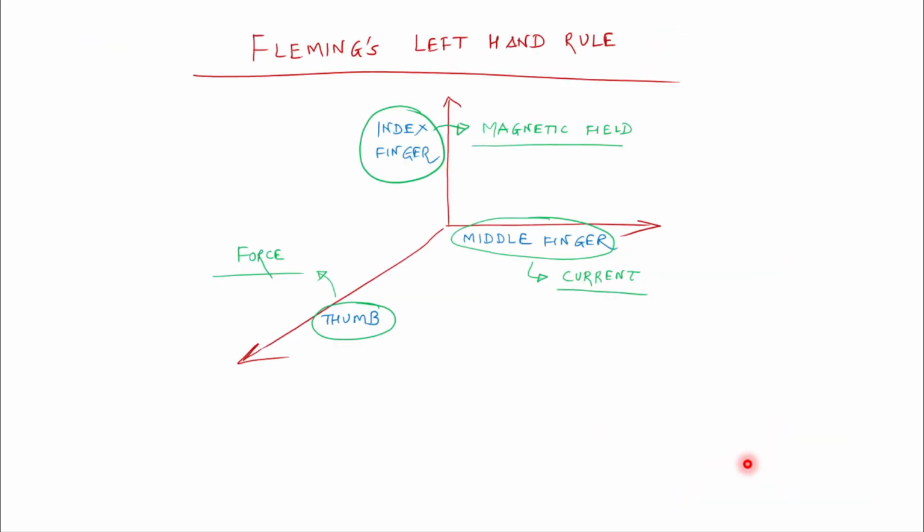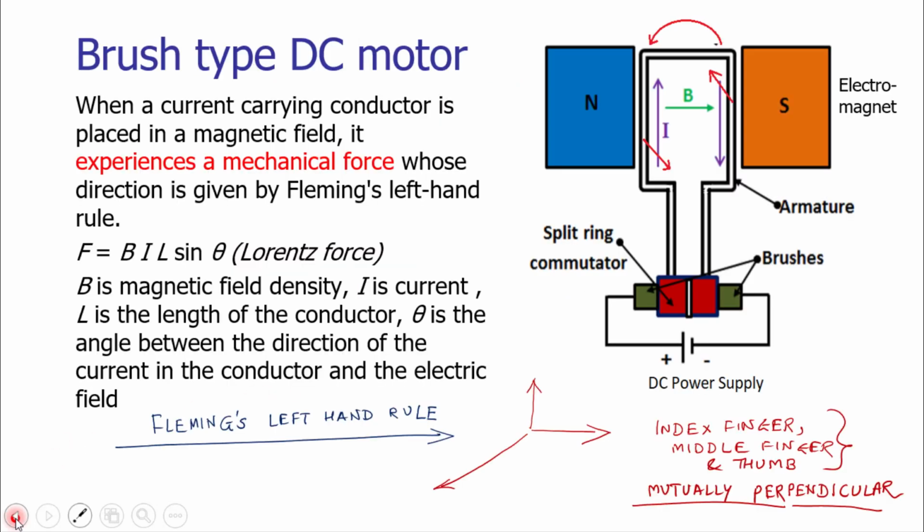According to this rule, if the index finger represents the magnetic field and the current is along the direction of the middle finger, then the force will be in the direction of the thumb. So by applying Fleming's left-hand rule, we can easily find the direction of the force along which the conductor is moving. So let us go back and look at it.